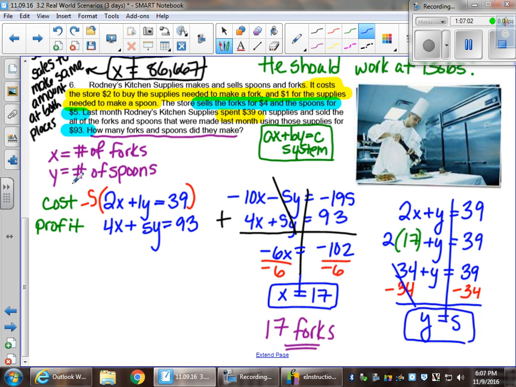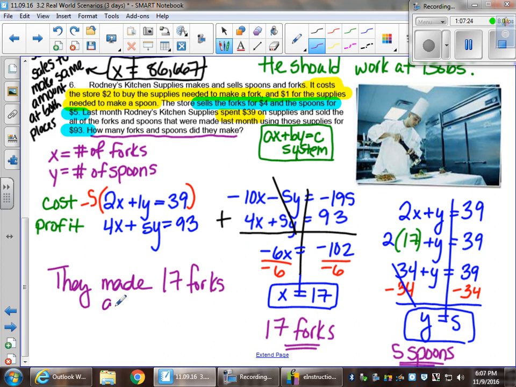Again, the meaning, here y equals number of spoons, so 5 spoons. So to answer this question, how many forks and how many spoons did they make? They made 17 forks and 5 spoons.